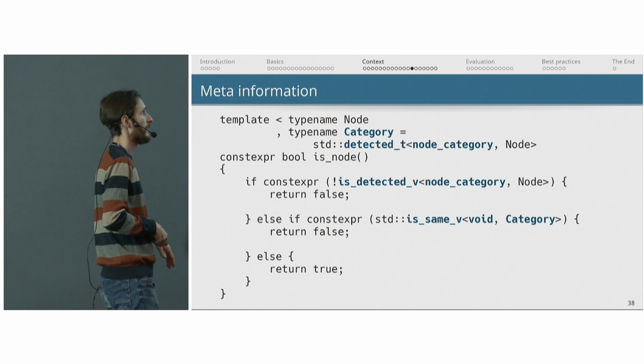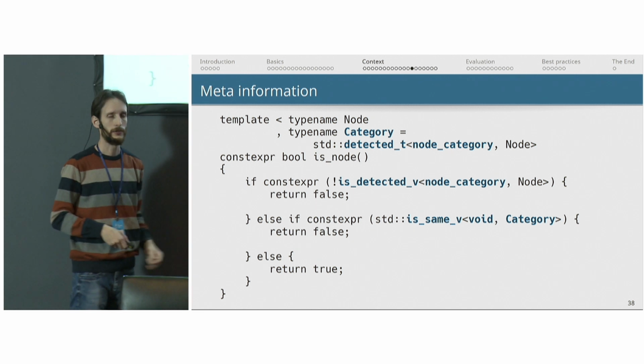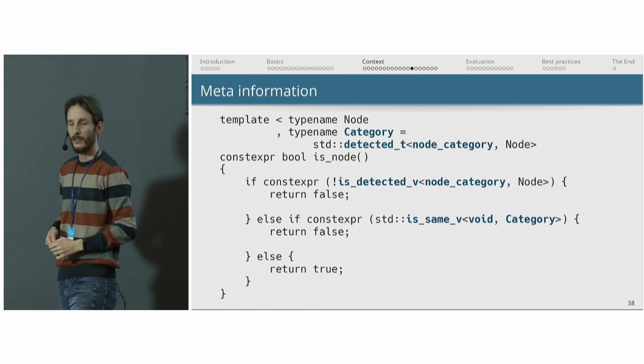So when you define a filter node, you're going to say that filter node has the node type of transformation node tag. Otherwise, we return true. So we have created a meta function that will check at compile time whether something is a node for our DSL or not.